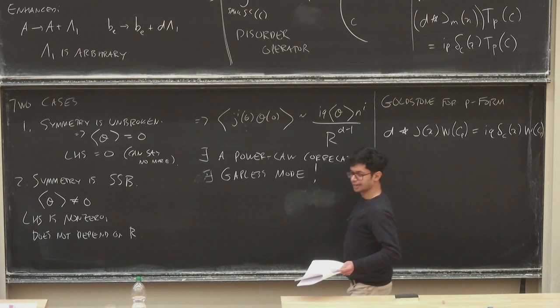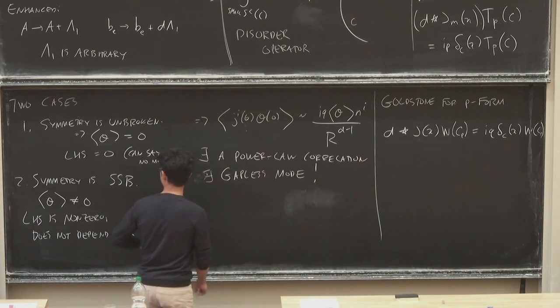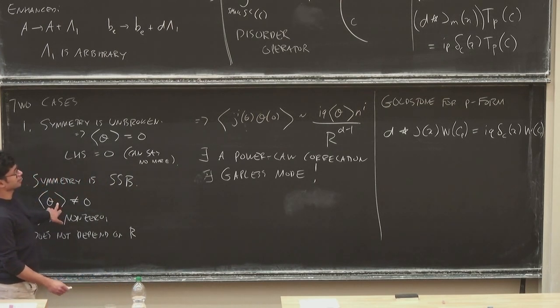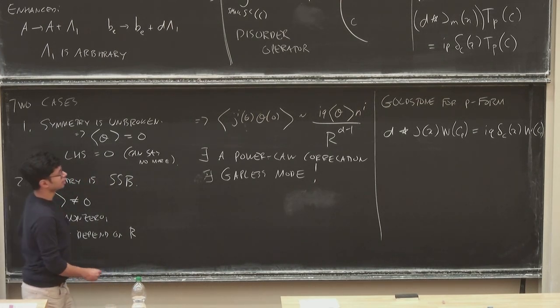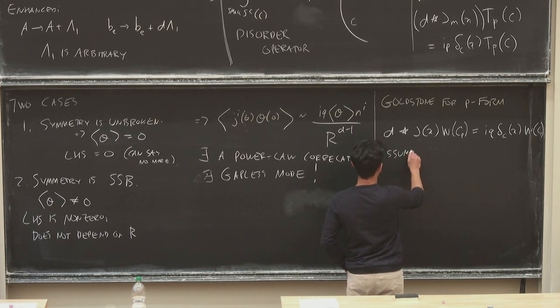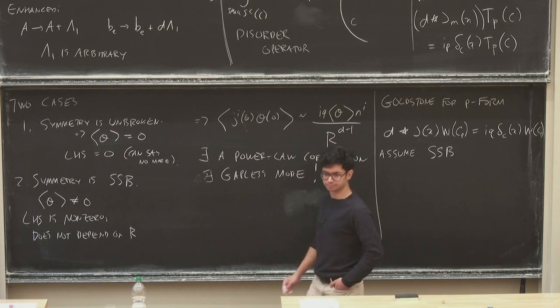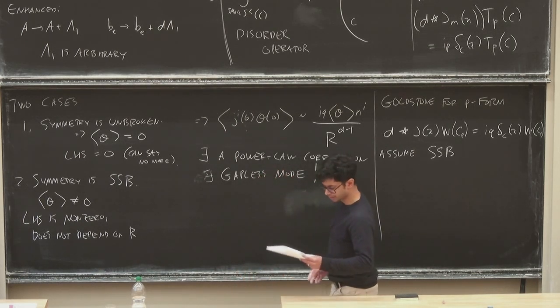Now, the case of interest is basically the analog of this one, where we are in a spontaneously broken phase. For this proof, let me just assume we are in a spontaneously broken phase to start with. It'll make life easier. So let me assume we have spontaneous symmetry breaking of this p-form symmetry.